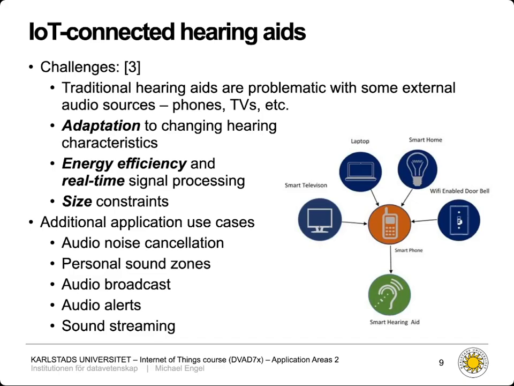You can have audio broadcasts. So if you have a hearing aid and this is connected to your stereo system, you could have audio just directly transmitted to your hearing aid and then formed correctly so your ear is able to hear it in the way you want without requiring additional headphones. And the same about alerts and sound streaming.